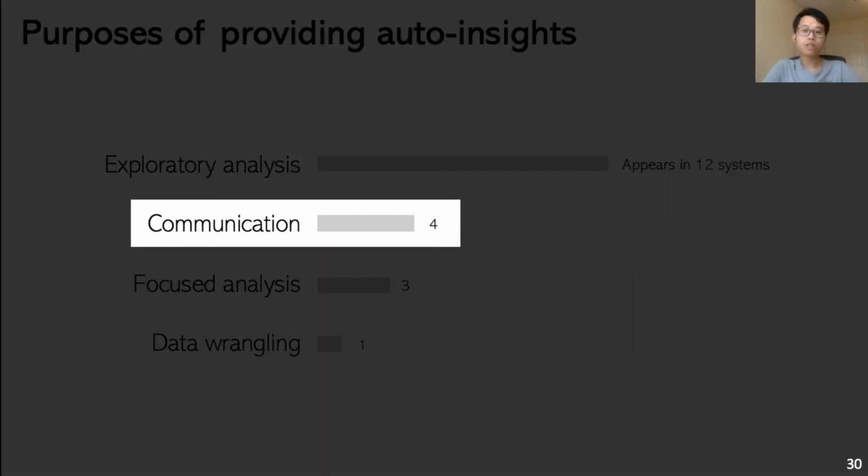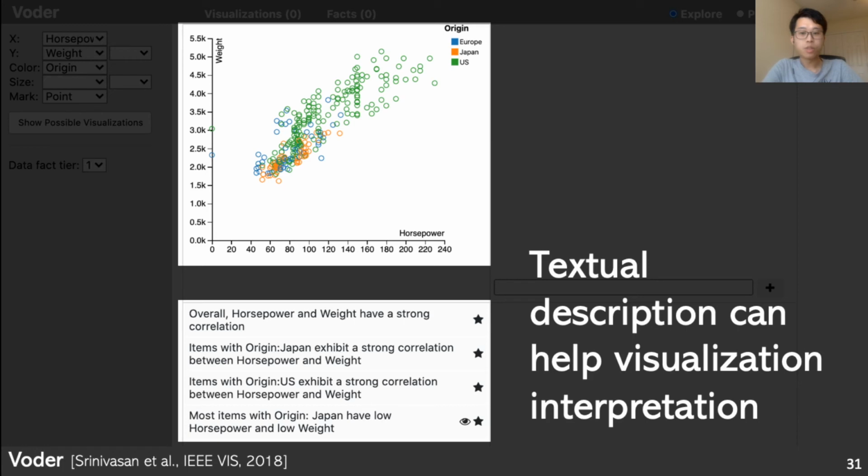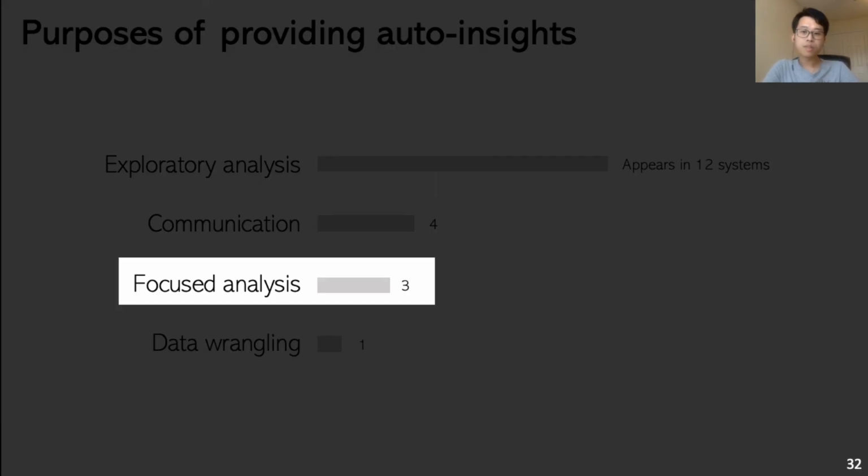Besides data exploration, some of the goals have emerged more recently, like supporting communication. So users may not know how to interpret a visualization. Some of these tools provide textual descriptions to facilitate visualization interpretation. And another purpose is focused analysis.